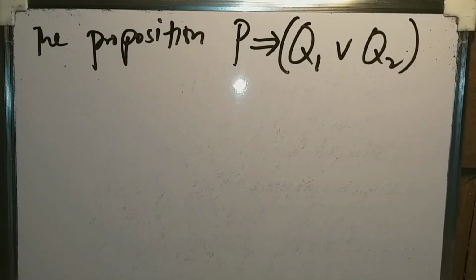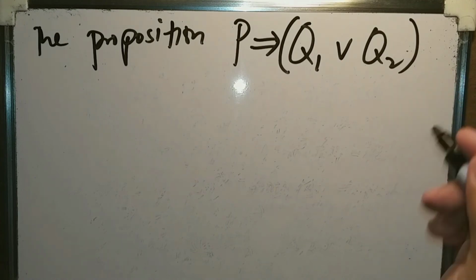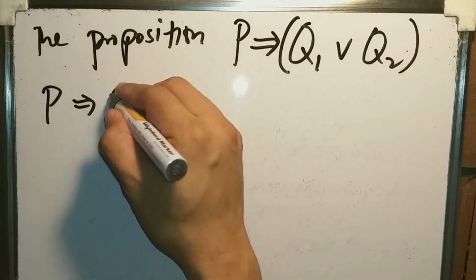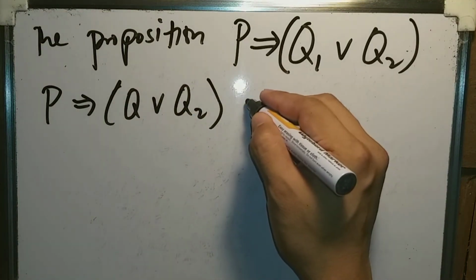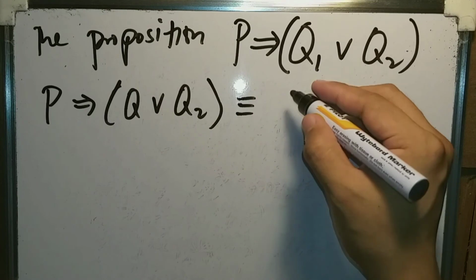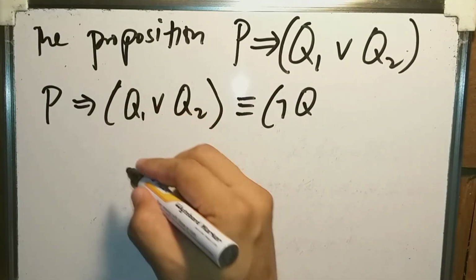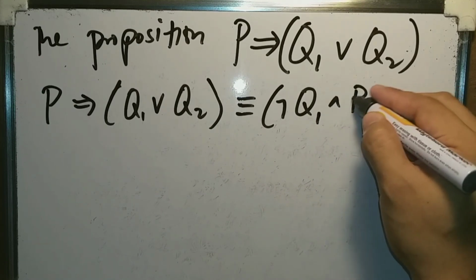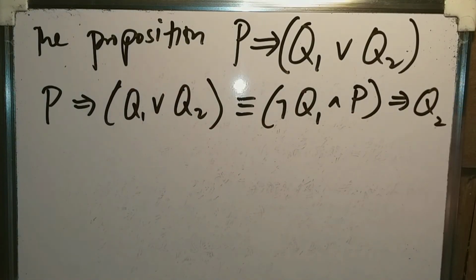And then for the last, we have the proposition P implies Q1 or Q2. In logic, P implies Q1 or Q2 is logically equivalent to not Q1 and P implies Q2.